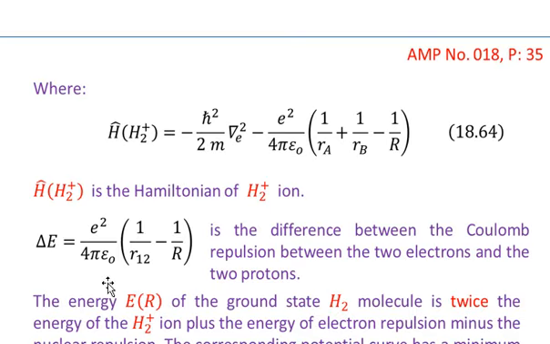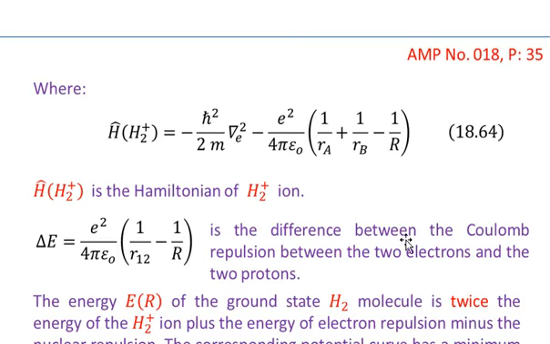And delta E is equal to e squared over 4 pi epsilon naught multiplied by the parentheses containing 1 over R_12 minus 1 over capital R. This is actually the difference between the Coulomb repulsion between the two electrons and the two protons, because 1 over R_12 is the repulsion term between the two electrons, and 1 over R is the repulsive term between the two protons, and this negative sign gives you the difference.